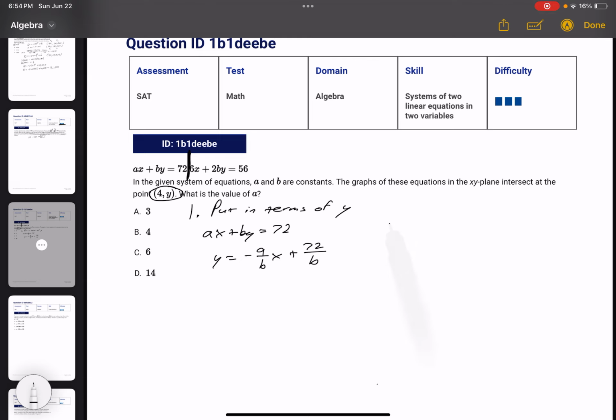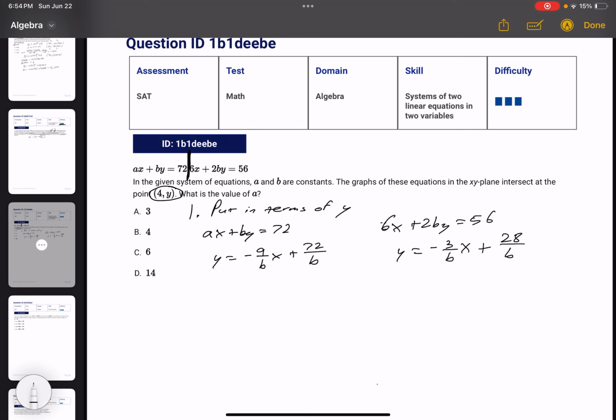And then we're going to do it for the second one too, which is 6x plus 2by, which is equal to 56. So we have y is equal to negative 6x, so negative 3 over b x plus 28 over b.